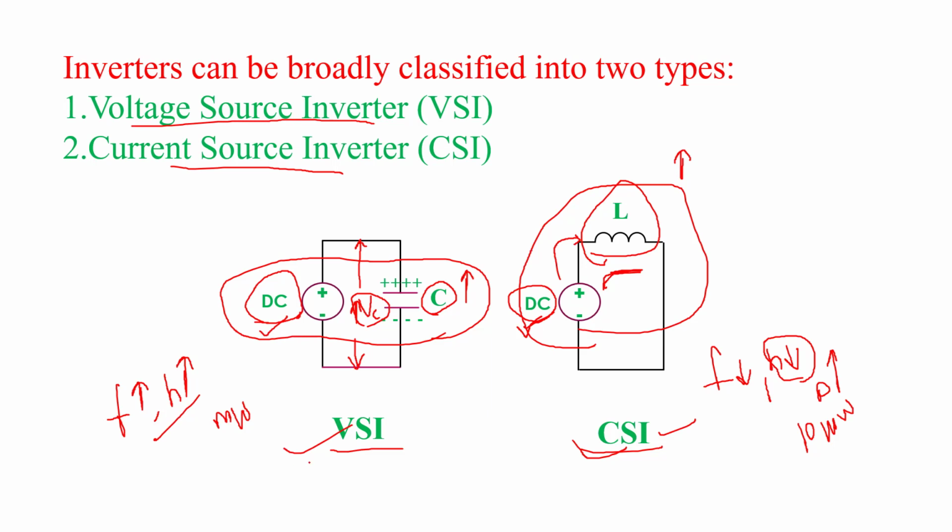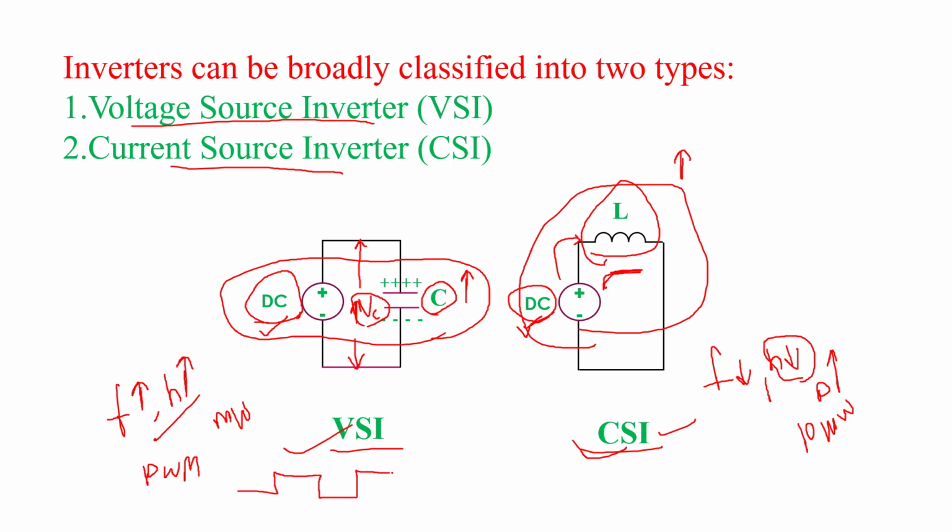Next difference between VSI and CSI is, in case of VSI, here we use the pulse width modulation technique to control the switching of the power semiconductor devices. In case of current source inverter, here we do not use the pulse width modulation technique, because in case of VSI, here we use pulse width modulation technique.